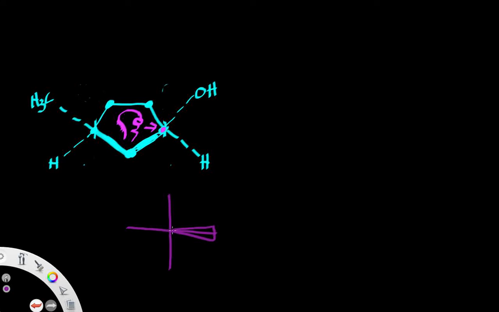And once again, our horizontal bonds are pointing toward us, while our vertical bonds are pointing away from us. So if we're staring at this carbon, we know that our alcohol group is going to be on top and our hydrogen is going to be on bottom, and they are both pointing away from us.